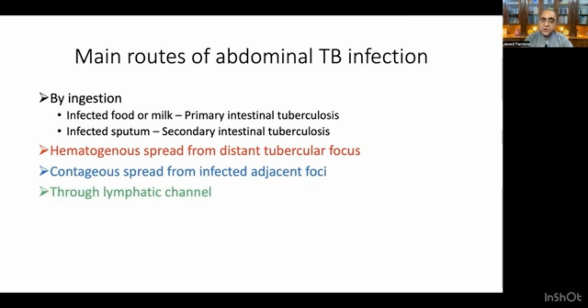So these are the four ways abdominal tuberculosis infection happens: by ingestion of infected food or milk or infected sputum, by hematogenous spread from a distant tubercular focus, contiguous spread from infected adjacent foci, and through lymphatic channels.